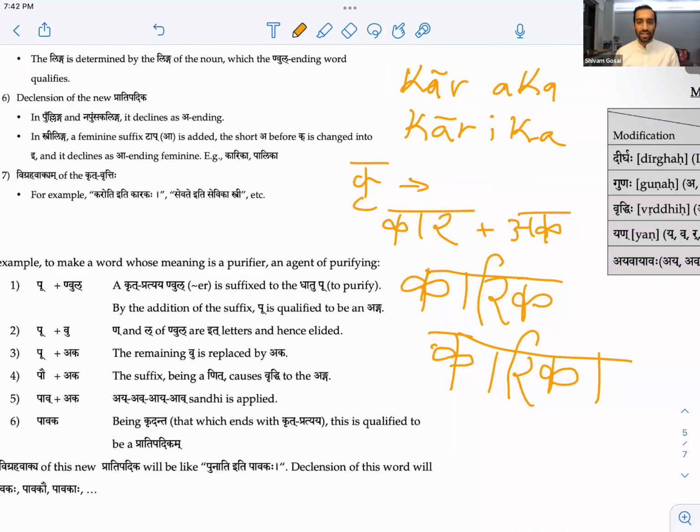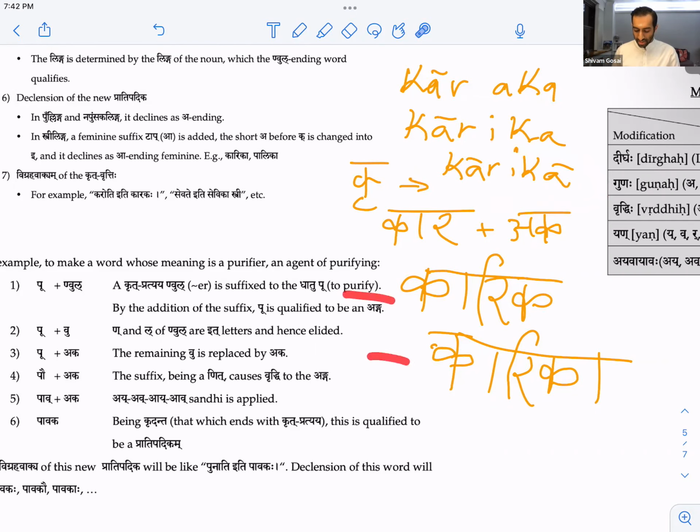So it becomes karika. Now you can either add the a now at the end, or you can add it before. It doesn't really matter. Here I'll add it at the end. So the akara is added to the end. So a plus a becomes a. Karika. So that's the final form.